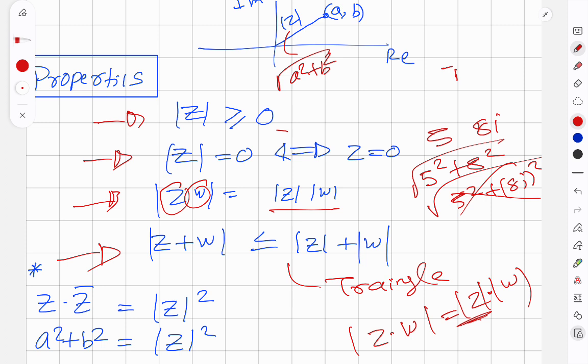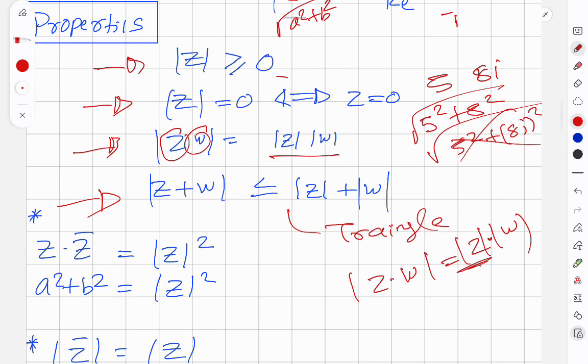First you have to open the bracket, get the real part and the imaginary part, then check it. You can check it at home.